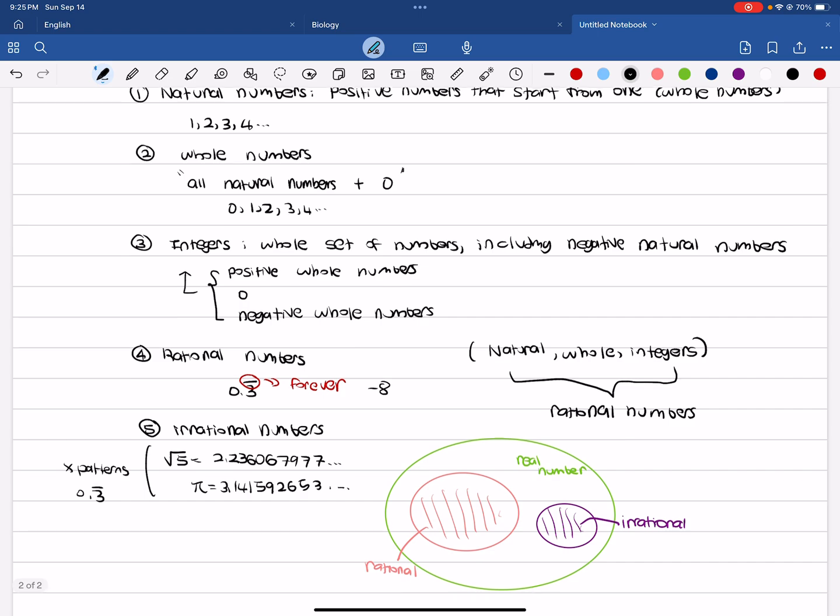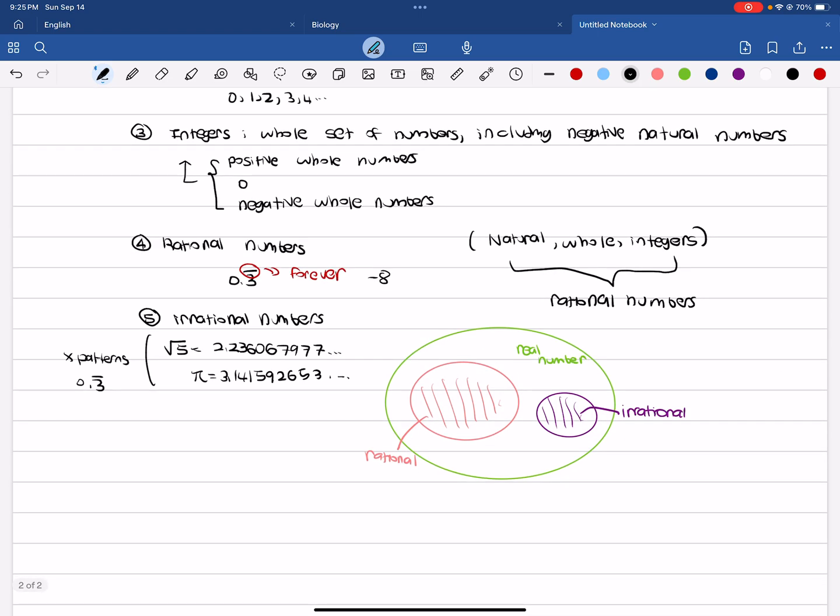Now real numbers, which are the most important because it's just every number. Real numbers are ones that can be on a number line.